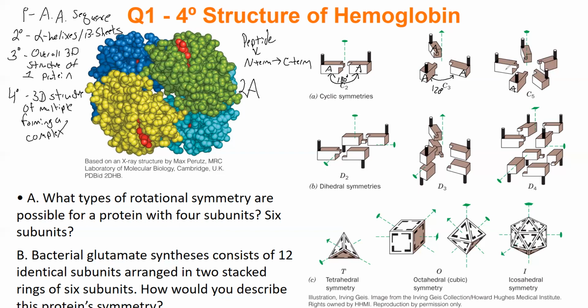If you had 5 different A peptides making one protein, they would be whatever 360 divided by 5 is, which is, what is that, 72? That might be wrong math off the top of my head, but everything is just separated by the same degree.